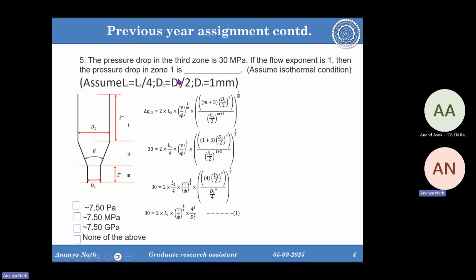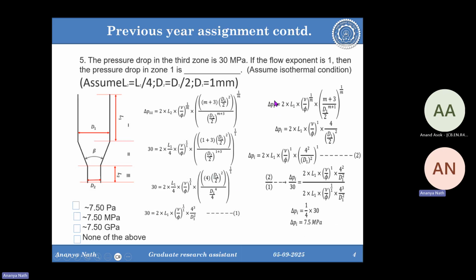So this is the formula for zone 3, and you are already given with the P3 value, which is 30. So you can solve a little bit here, and L2 by L1, D2 by D1, and D1 is given here. Then you can write the formula for P1. You can replace this value in P1 and get ultimately the P1 as 7.5 MPa.